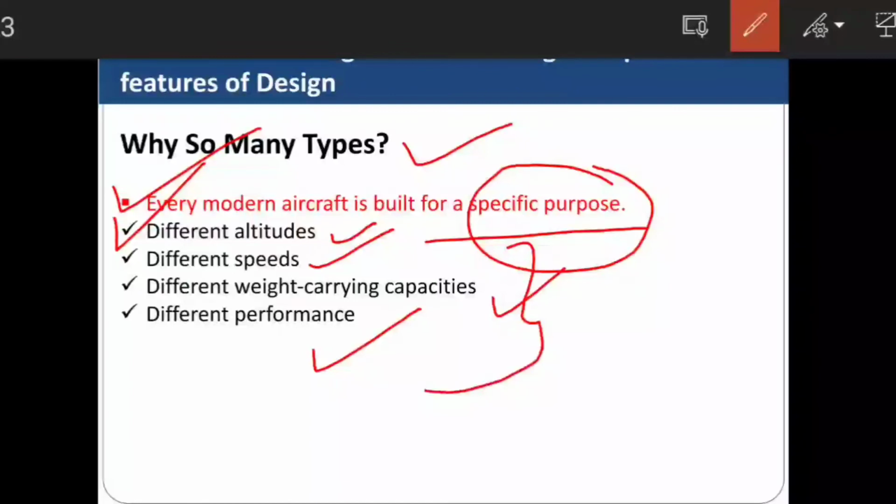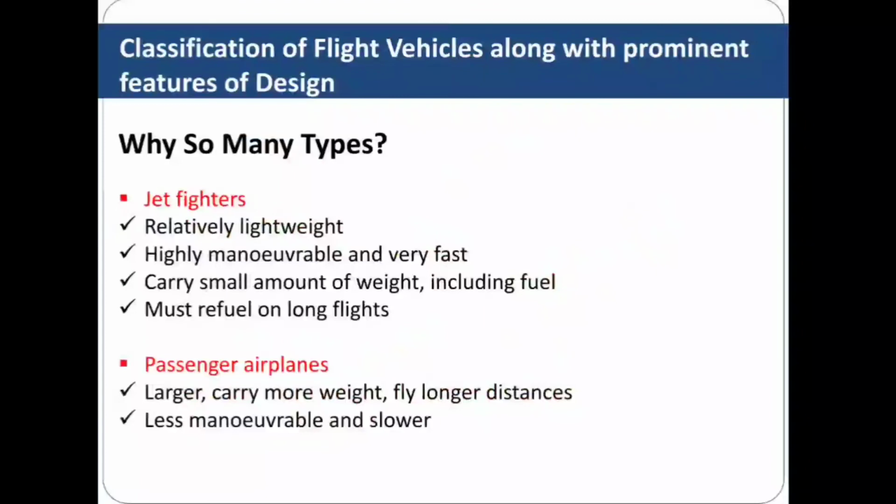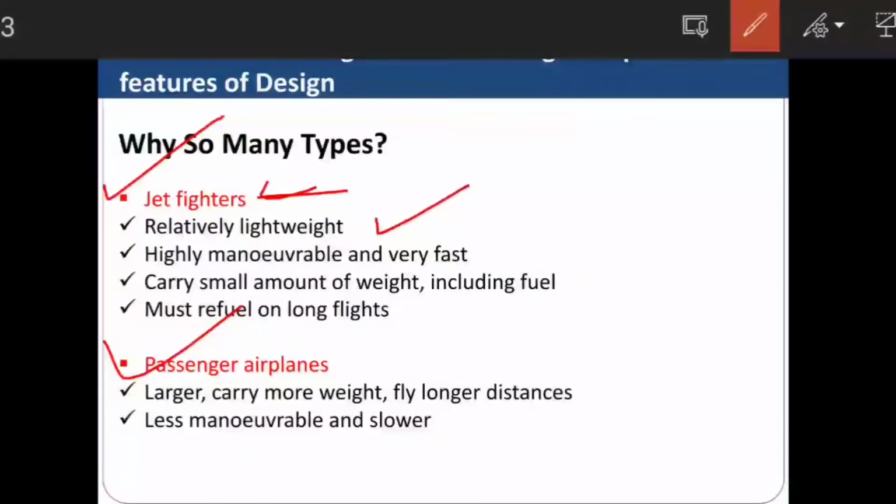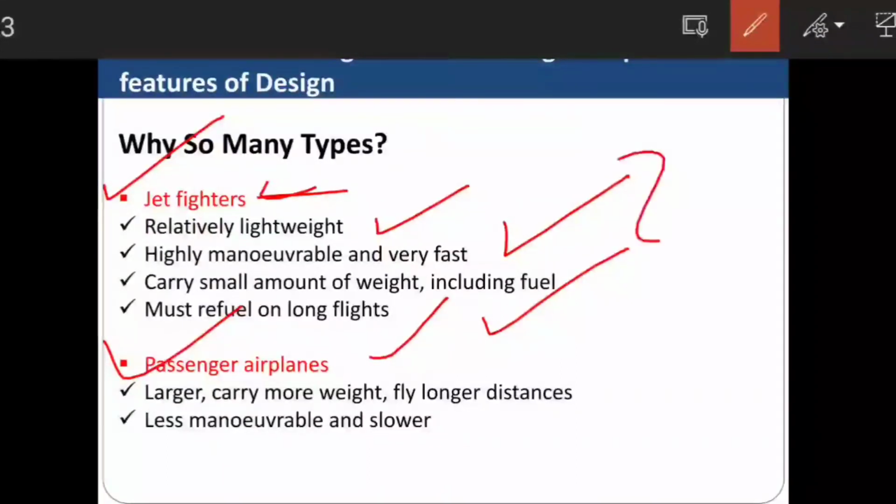Now there are two categories of aircraft we already know: jet aircraft and passenger aircraft or airplanes. A jet airplane is very lightweight, highly maneuverable and fast flying, carrying a small amount of weight including fuel, and must refuel on a long flight. This is a feature of the jet airplane.